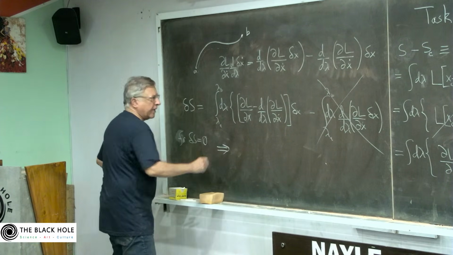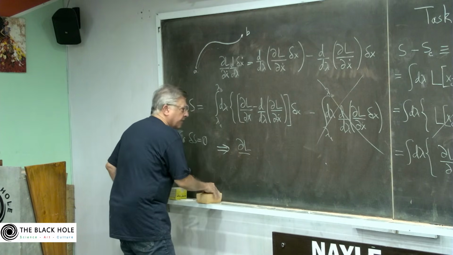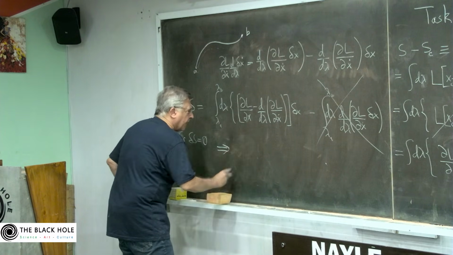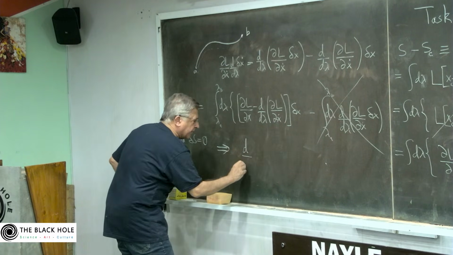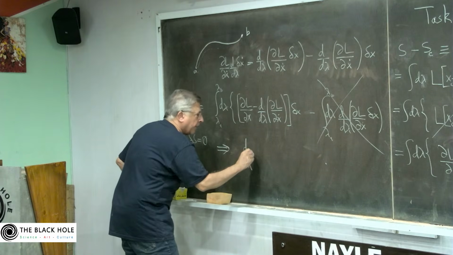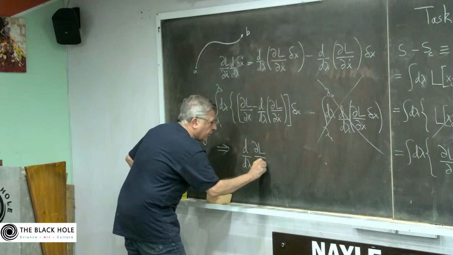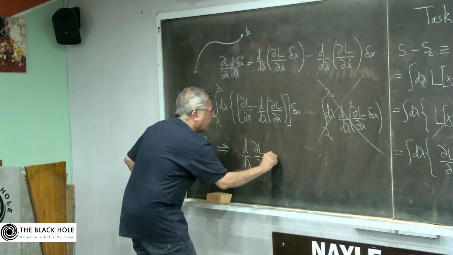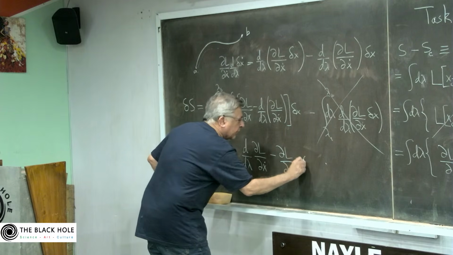which means that we get dl by dx. Let me put it this way. Which means that whatever is here has to be 0. So d by d lambda of dl by dx dot minus dl by dx has to equal 0.